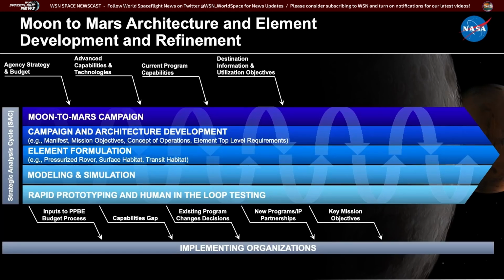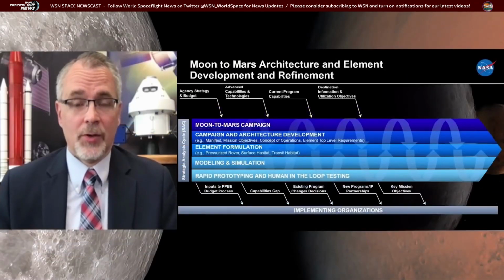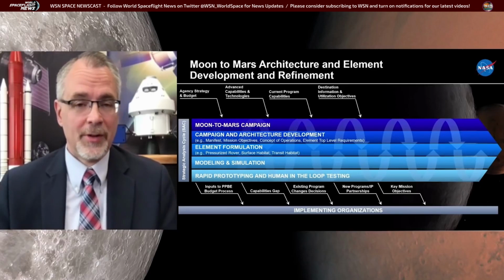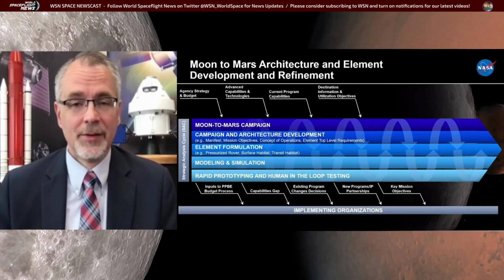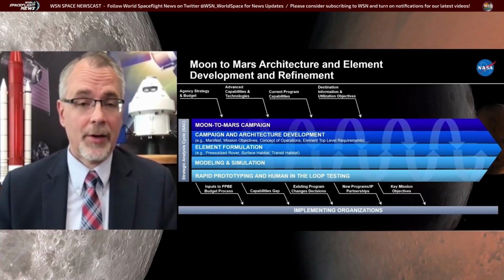We look at the capabilities and technologies that are available both inside and outside the agency. We understand what our current programs can do, what their lift capacity is, what their total crew is, what their return capability is. And then we look at where we're going and what utilization we need to model our architecture after.